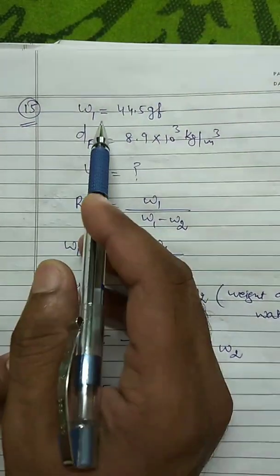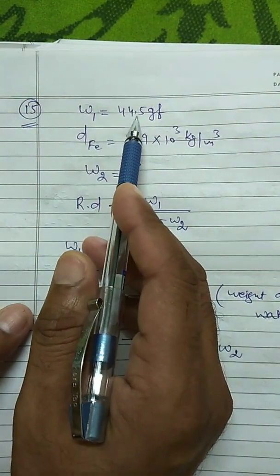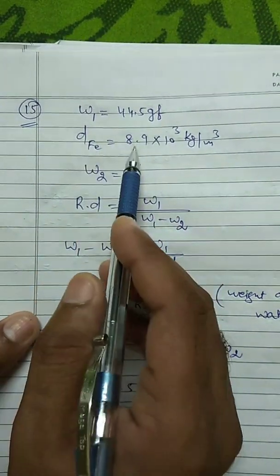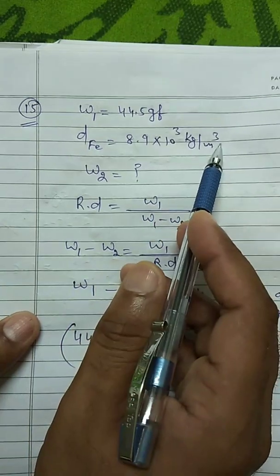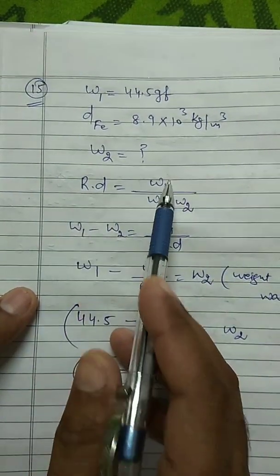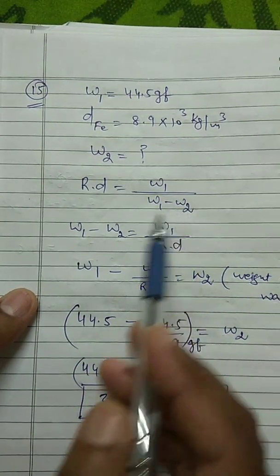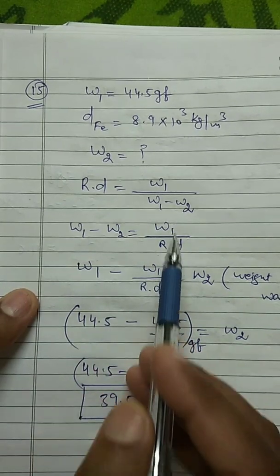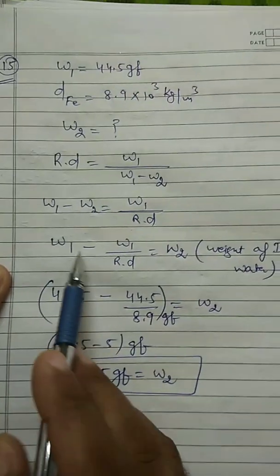15th, W1 is equal to 44.5 gram force. Density of iron is 8.9 into 10 to the power 3 kilogram per meter cube. W2 you have to find. Apply the formula relative density is equal to W1 over W1 minus W2. Now rearrange it. W1 minus W2 you can bring to this side, so W1 over relative density.